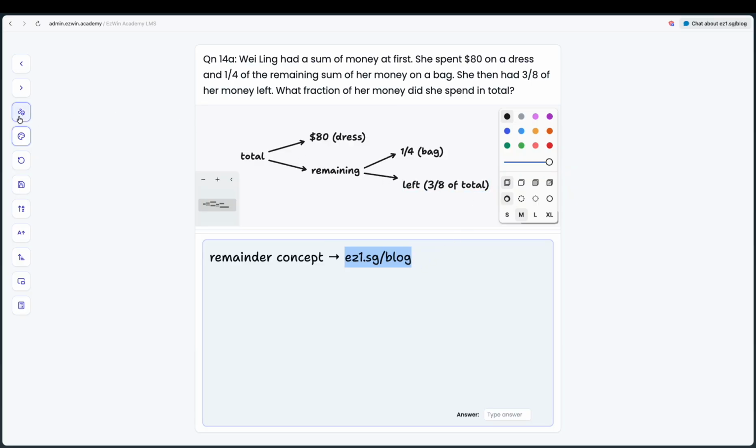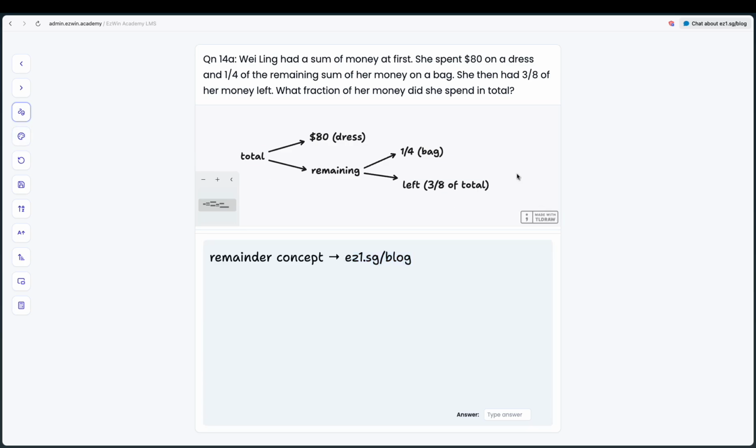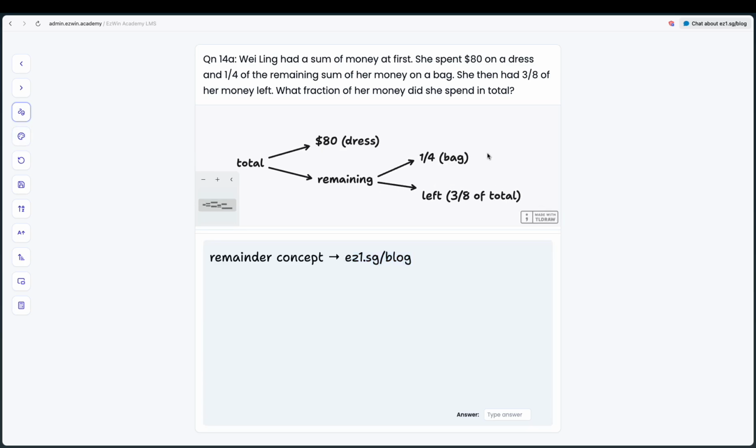So in this case, we actually just use the remainder branch. It says she spent $80 on a dress and 1/4 of the remaining. So we have the remaining, and then 1/4 of it on the bag, and then she was left 3/8 of the total. The question asks what fraction of her money did she spend in total?